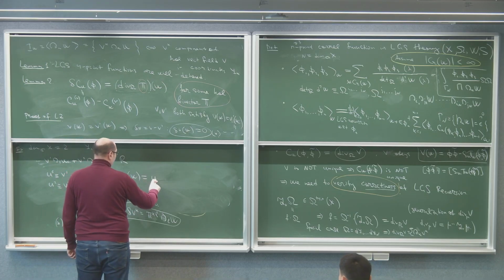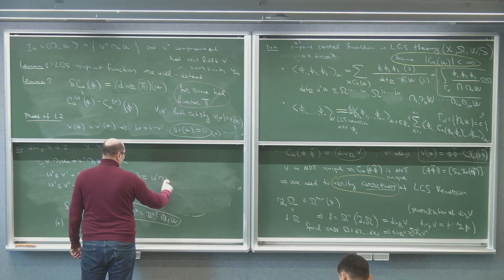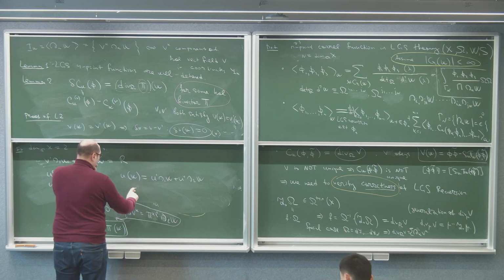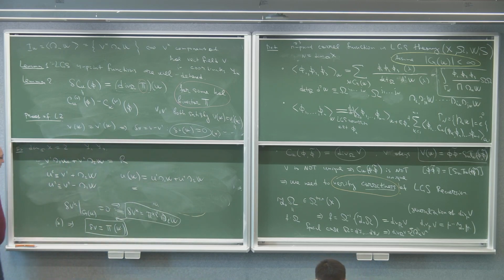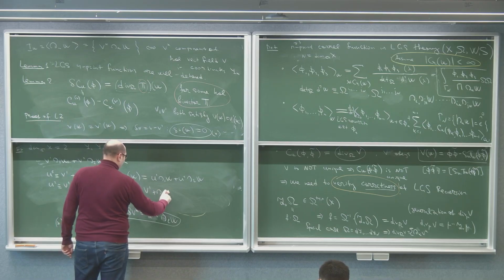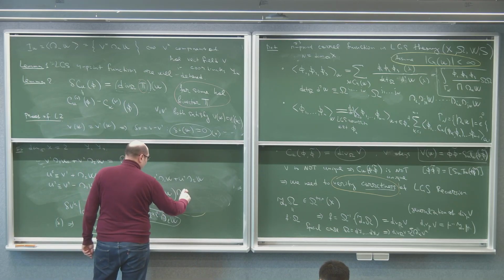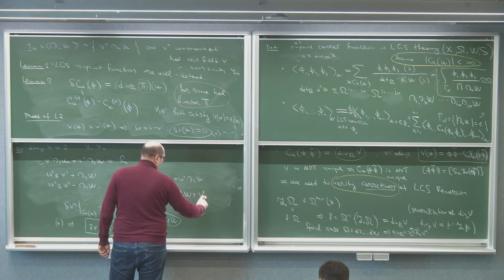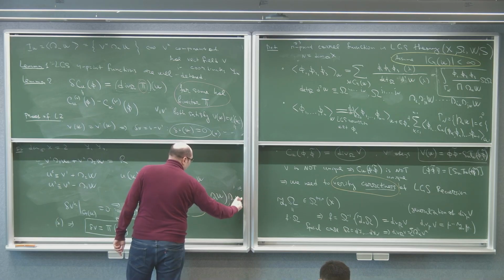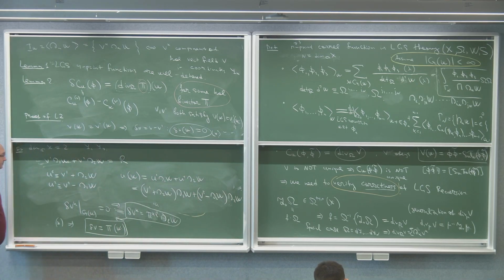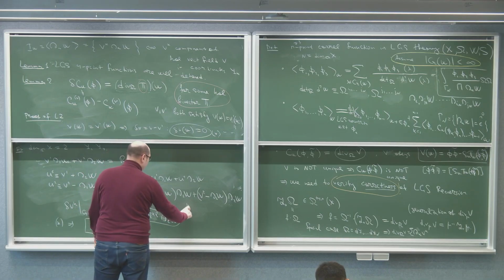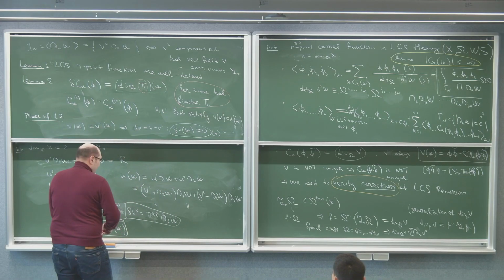Now let me compute u applied to w. By definition it is u1 d1w plus u2 d2w. Let me substitute components. So this will be v1 plus d2w multiplied by d1w, plus v2 minus d1w multiplied by d2w. Now what do I see? I see two types of terms.